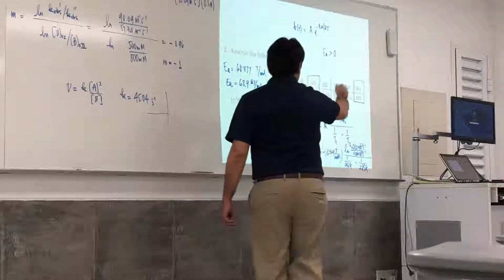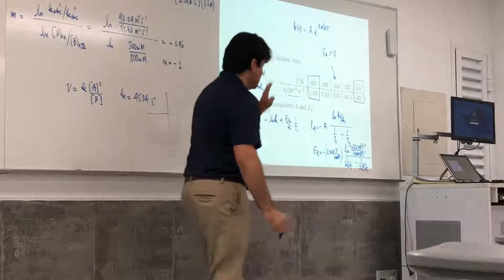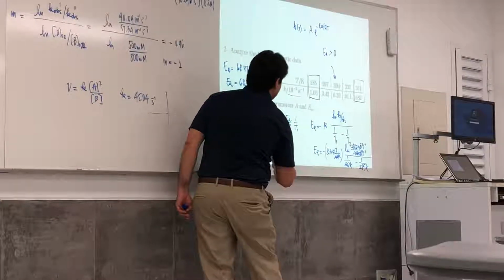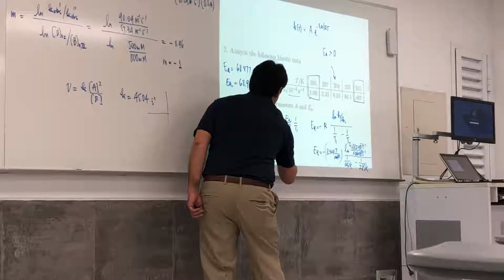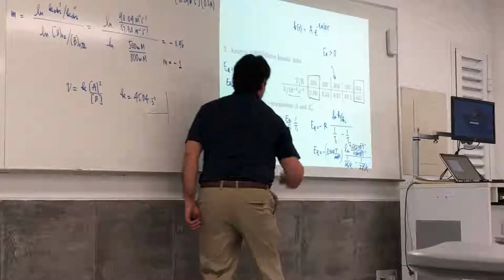Okay, so select any point. Let's select for this case the intermediate data that we have here. This is natural logarithm of, and here is the time that we have to be very careful with, 10 to the minus 2 seconds minus 1.